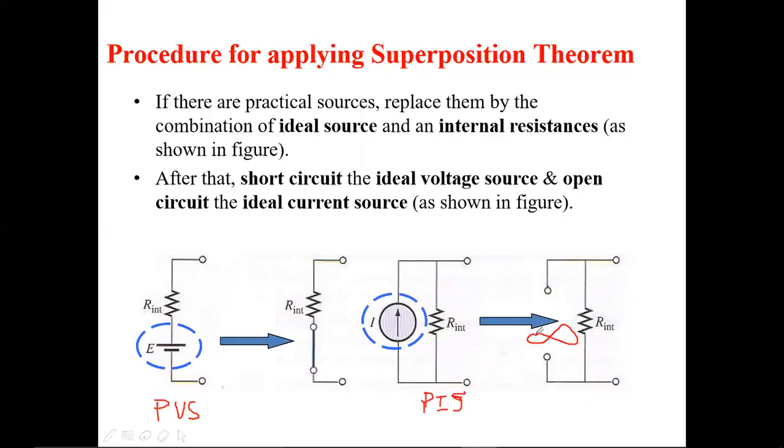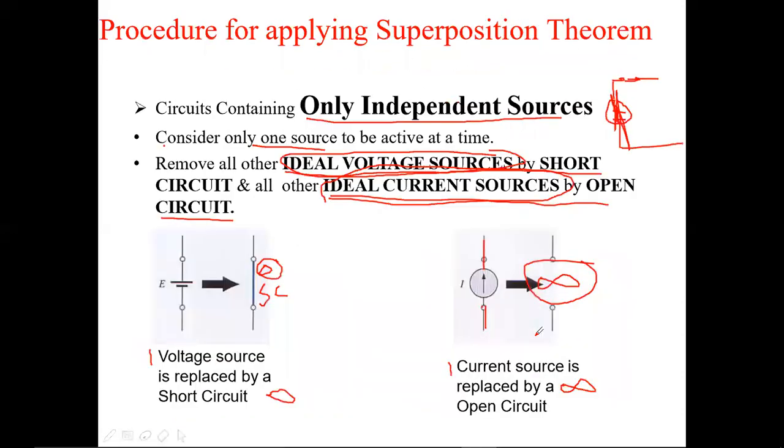Hope you are clear about these rules, right? The first rule is you should consider only one active source. The second rule is ideal voltage sources and ideal current sources are replaced with their internal resistance, that is R equals 0 and R equals infinity respectively.